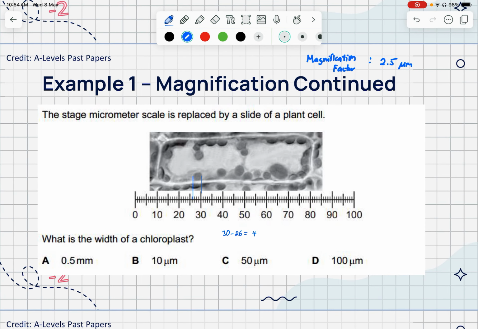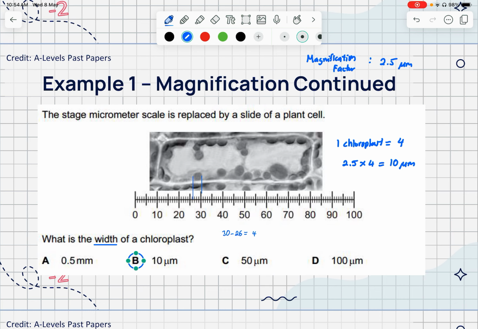So for one chloroplast, it has a width of about 4. Now you want to find the width of it. So you take the magnification factor, which is 2.5, you multiply by 4, and you're going to get 10 micrometers. This is the answer.